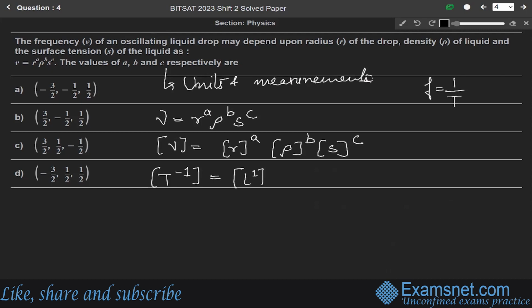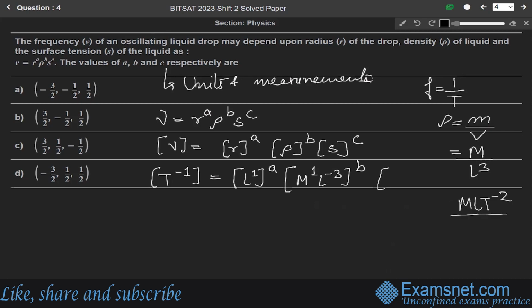So L to the power a, and density equals mass over volume. So mass over volume means M for mass and L cube for volume. So in place of density we write M^1 L^-3 to the power b, and for surface tension, we write MLT^-2 over L, meaning force over length L, whole power c.